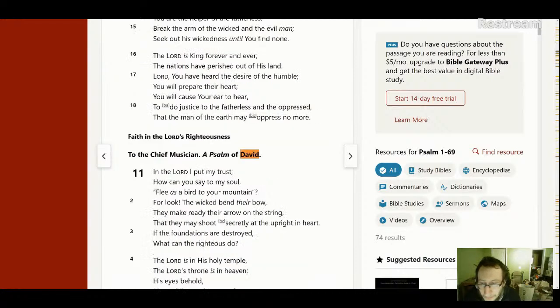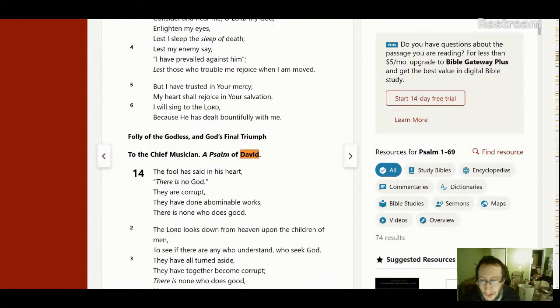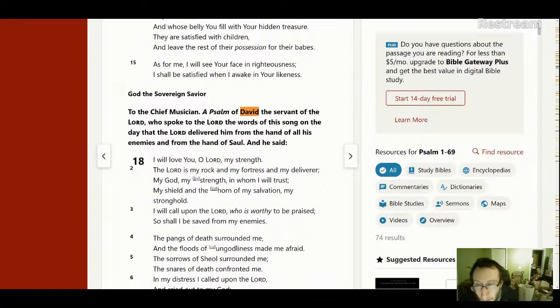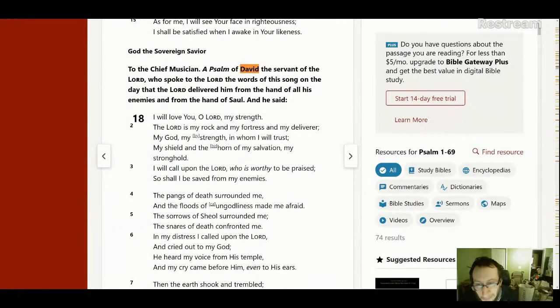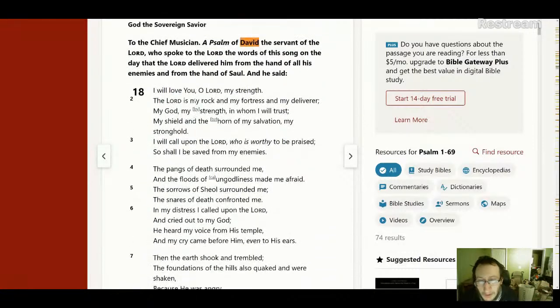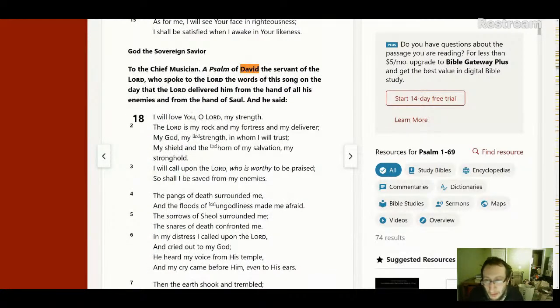Then we have, let's see here. So this one, Psalm of David, the servant of the Lord, who spoke to the Lord the words of this song on the day that the Lord delivered him from the hand of all his enemies and from the hand of Saul. Let me see for a second, because I think that's quoted in 2 Samuel 22.